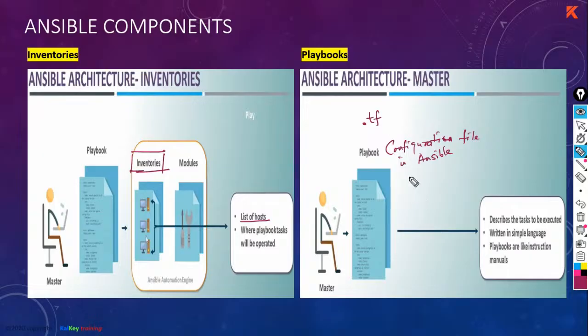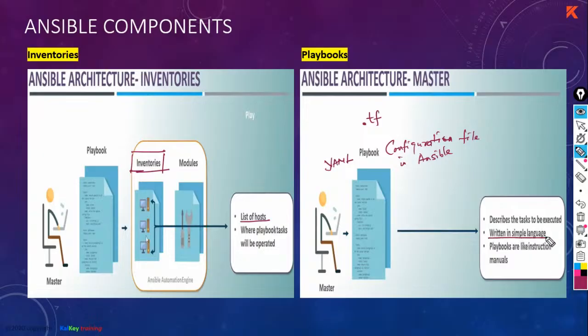Similarly, here you have the playbook files, where you write something in YAML format, in a JSON type of representation of the data, key value pair. So it describes the tasks to be executed. So what is the function of a playbook? It will be having all the tasks described to be executed on the hosts.